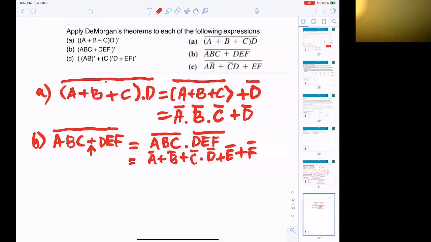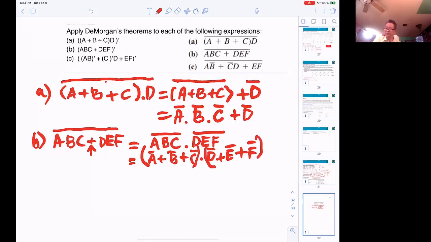Okay, I see what you say. You're saying we better put brackets here, right? Okay, not A or not B or not C. Then you can AND with not D or not E or not F. Correct.